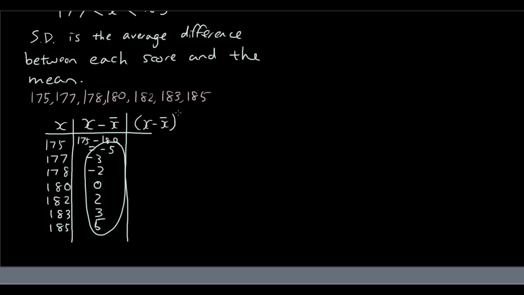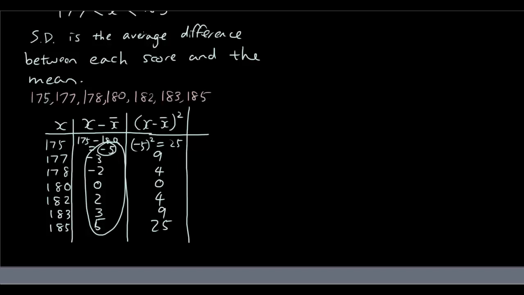So the next column is going to be the square of each of the differences. So we're going to square negative 5, so negative 5 squared. Make sure if you're typing this in the calculator, you include the brackets. So negative 5 in brackets squared is 25, 9, 4, 0, 4, 9, 25. And after you square them, the negatives are now gone.